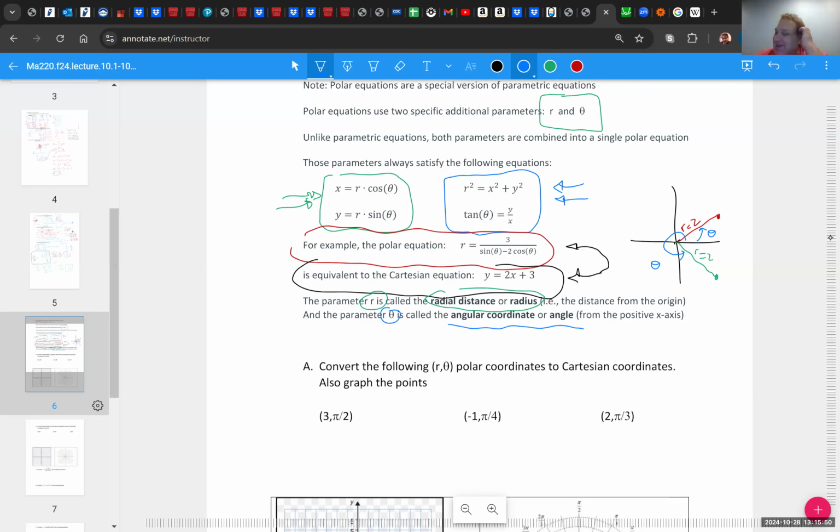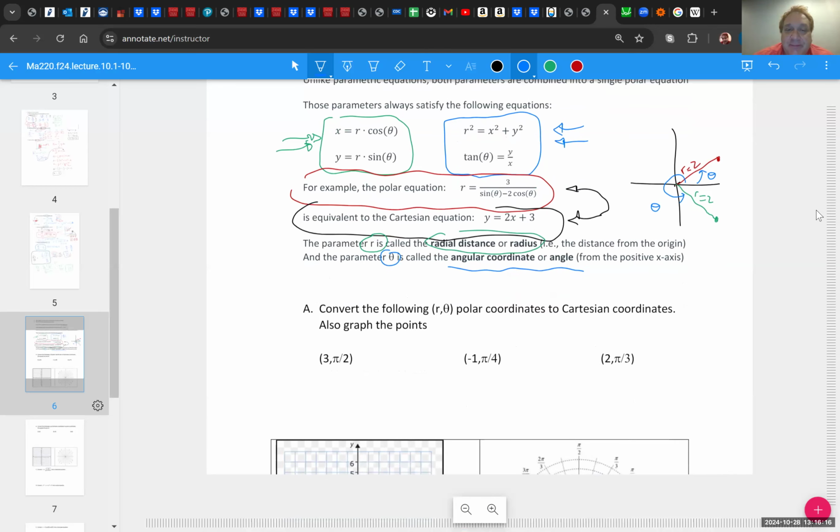I have them memorized, and I'm going to maybe flip back a couple of times, but I really want you to have them ready, because we're going to need them on most problems. So we're going to remember those green and blue ones: x equals r cosine theta, y equals r sine theta, and r squared equals x squared plus y squared, and tangent theta equals y over x, right? Okay. So with that said, let's start looking at some specific examples.